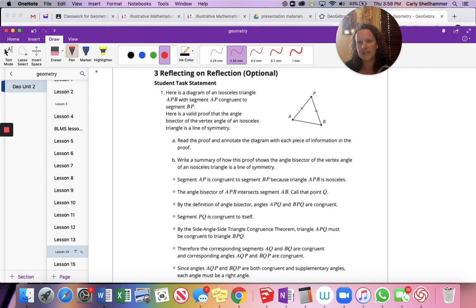Mark it up with what we see, or what we read. Segment AP is congruent to BP. Got it, because it's isosceles. The angle bisector of APB intersects with segment AB, call that Q. That's a beautiful straight angle, or straight line. Q. By definition of angle bisector, angles APQ and BPQ are congruent. I wish this diagram were a little bigger. Segment PQ is congruent to itself.